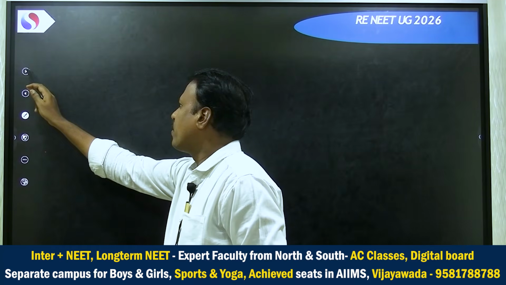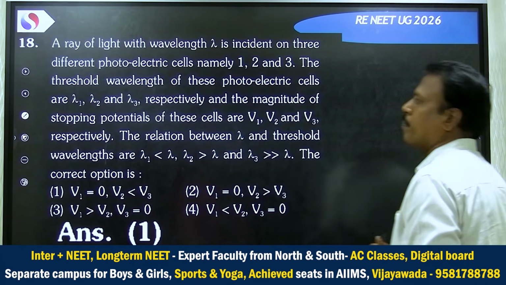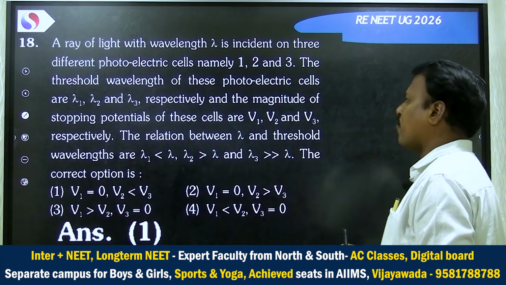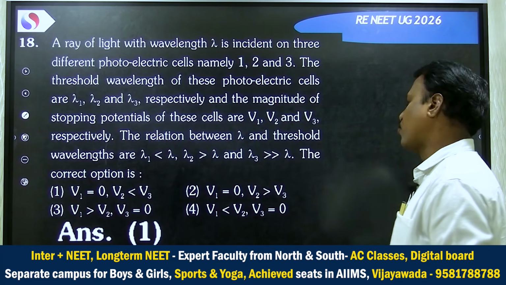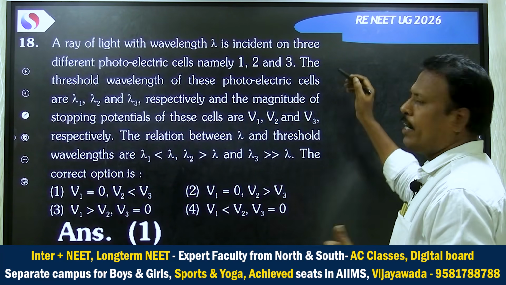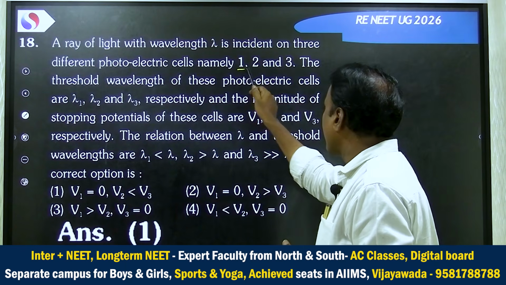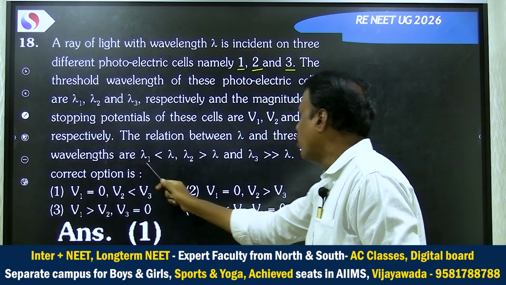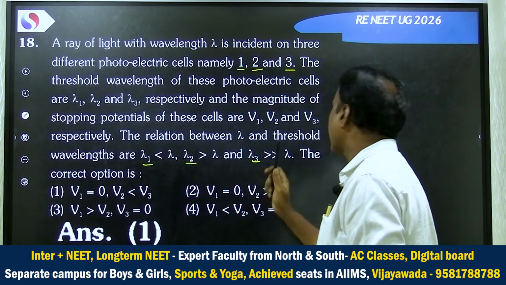And next we are going to question number 18. It is from dual nature of matter, especially about photoelectric effect, and here 3 wavelengths were given, named 1, 2, 3.